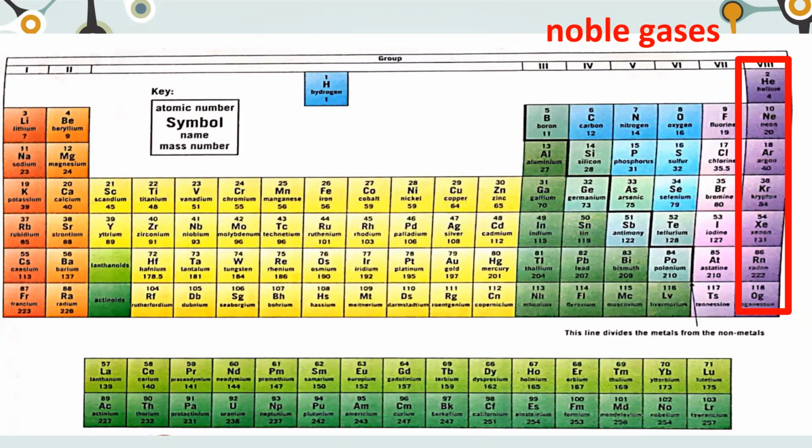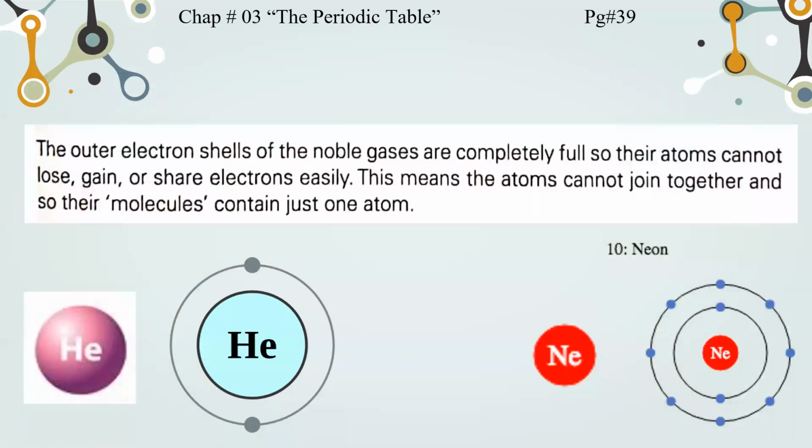The reason is that the outermost shell is complete. So the outer electron shells of the noble gases are completely full, so the atoms cannot lose, gain, or share electrons easily. This means that the atoms cannot join together, and so their molecules contain just one atom.